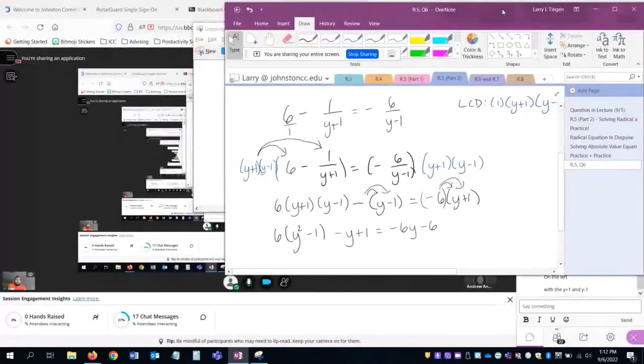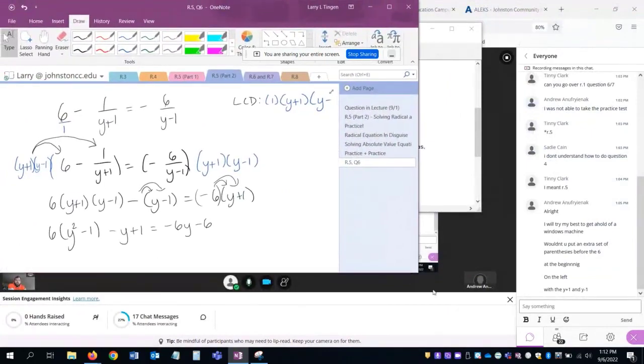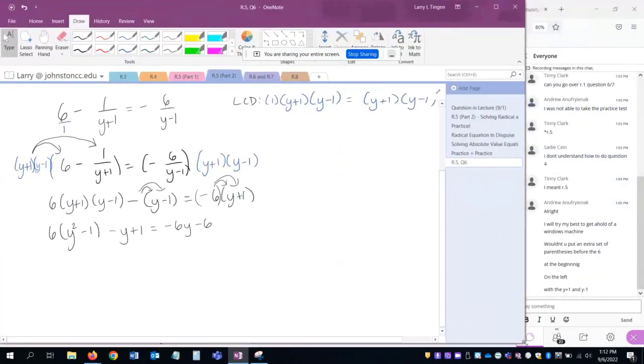All right, see if I can put this off to the side here so I can keep up with the questions. Here we go. At the beginning on the left, again, you could put a parenthesis here like that, and it's not wrong, but since it only has one factor in it, it's not a binomial, trinomial, or anything with multiple terms, the parenthesis isn't necessary.